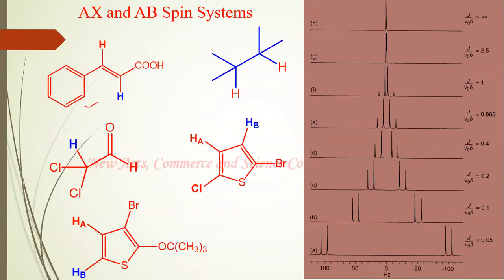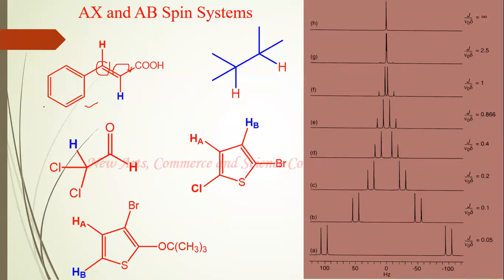This is the first structure, a cinnamic acid molecule. In this case, the two protons couple only with one another and they do not couple with any other proton, but the chemical shift values are different. If you see this carbon atom which is beta to the COOH group, due to the electron withdrawing effect of the COOH group, this carbon atom is positively charged and therefore the proton present here will be a de-shielded proton.